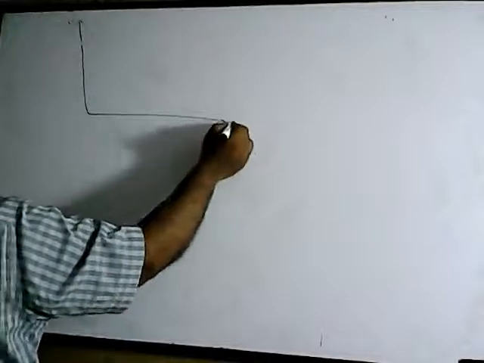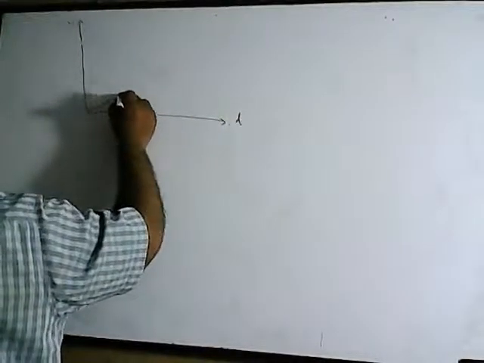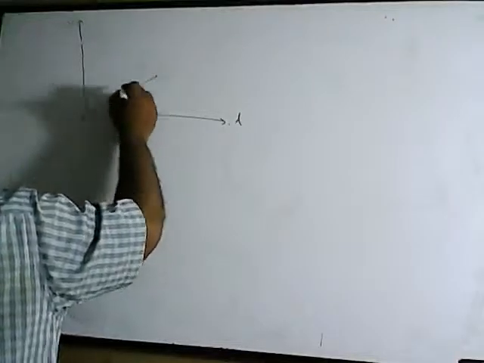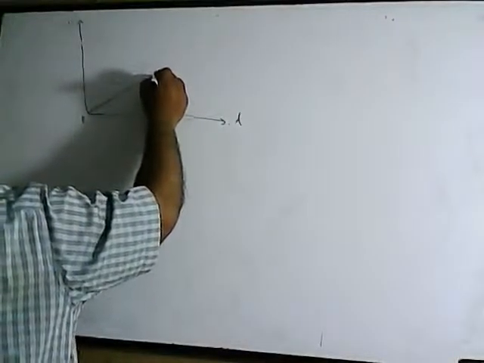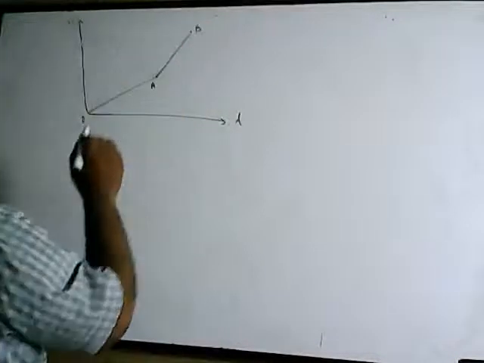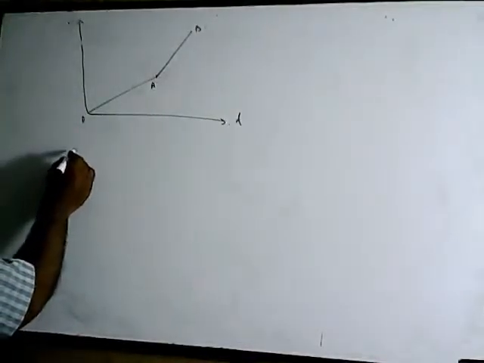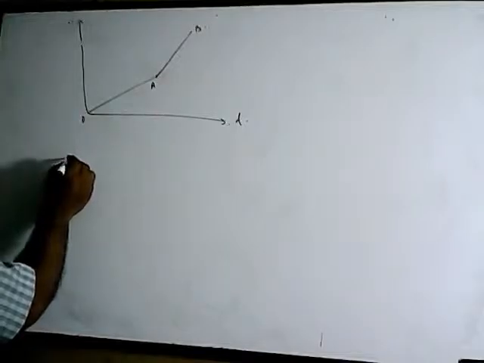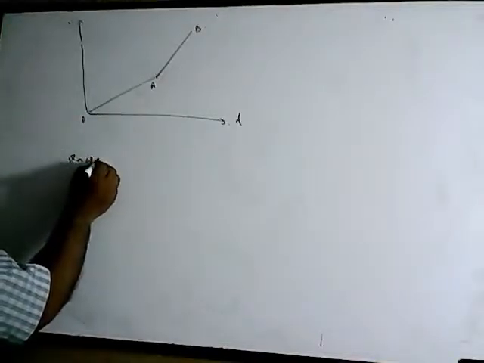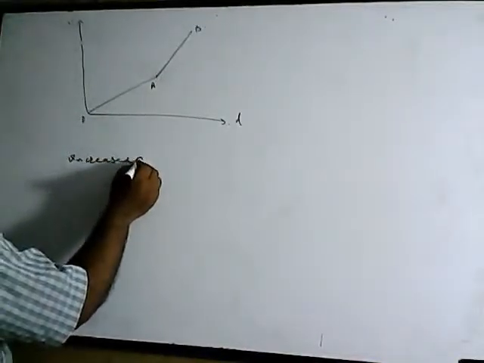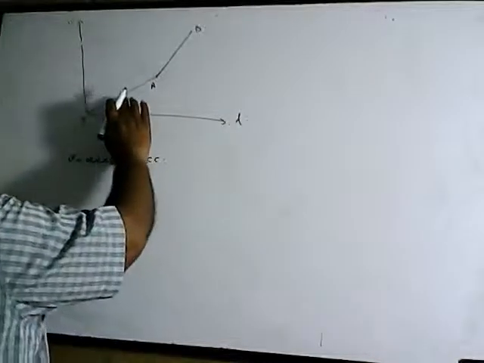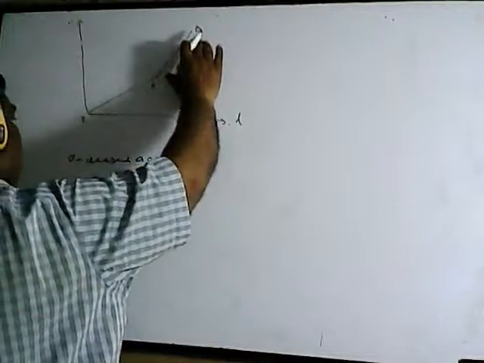But for example, if the graph is like this one, this is the velocity, this is the time, this one OA, and this one OB. Now what is this graph? Actually in OA, this is the case of increased acceleration. Acceleration is constant in OA. Acceleration is constant in AB.